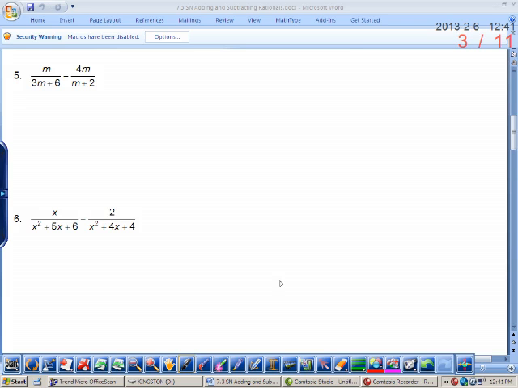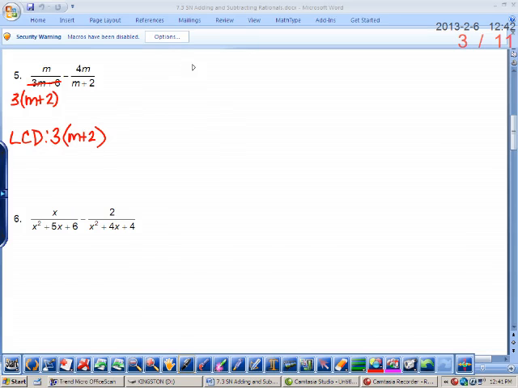Okay, in order to figure out what our LCD is, we have to factor each denominator as much as possible. So I'm going to rewrite 3m plus 6 as 3 times m plus 2. So what would our LCD be? 3 times m plus 2.